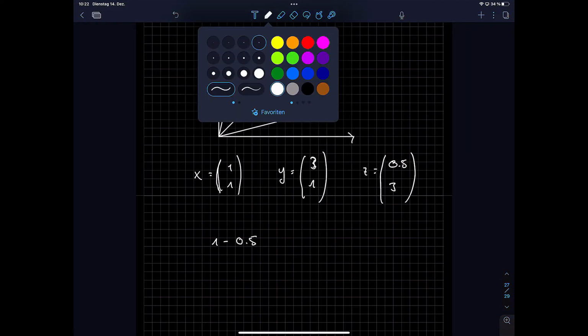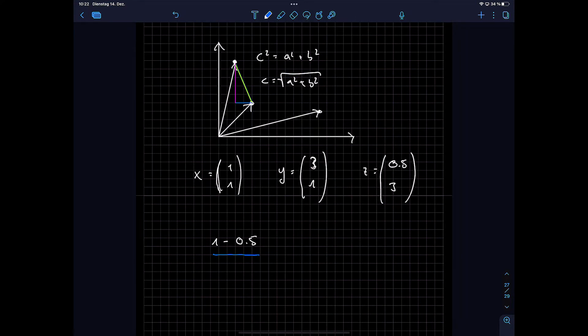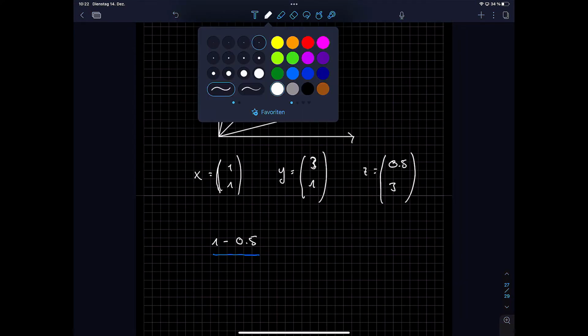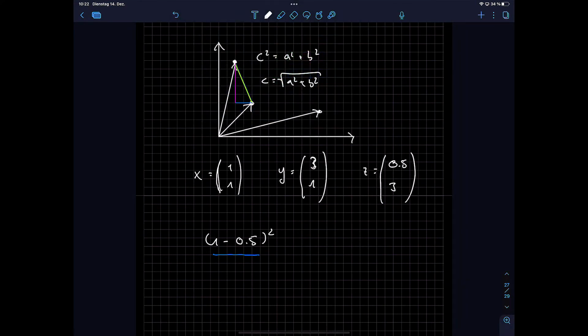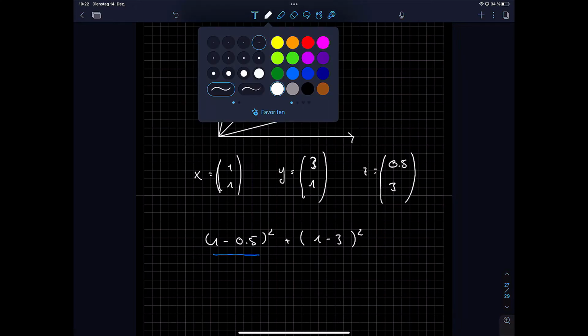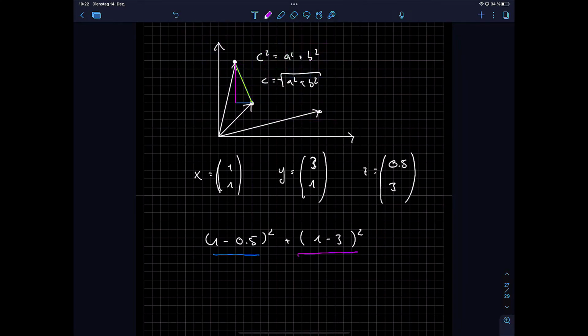So that is the blue line, right? And then we need the squared value of it plus the purple line, which would be 1 minus 3 and the squared value of it. So that's represented by the purple line. Obviously the purple line here is not exactly the length of the squared values here.